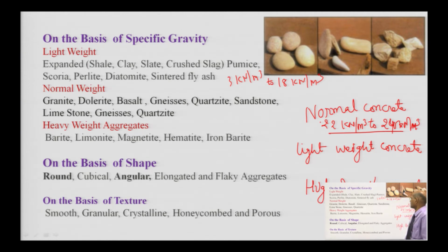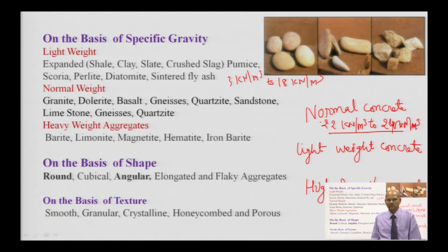Similarly, you want a heavyweight aggregate for producing high density concrete. Where is high density concrete used? Generally in nuclear power stations, for the dome structure, so that radiation will not escape. Or in hospitals where you want to do X-ray tests, the radiation should not cross through the wall.